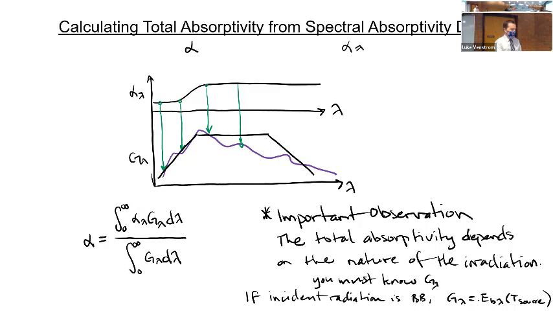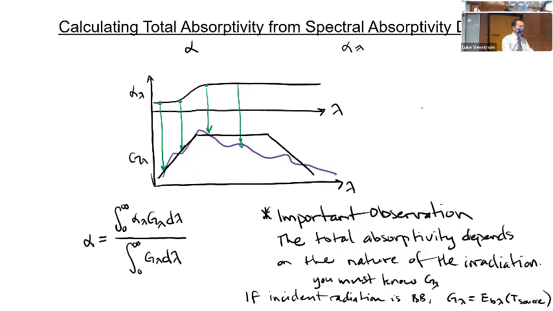Because then you can make the substitution that G sub lambda is E_b lambda, but at the source temperature, not the temperature of the surface. That's a really critical difference between the emissivity calculation and the absorptivity calculation. Here, the F function has to be calculated at the temperature of the surface. Here, the F function has to be calculated at the temperature of the source of the radiation. It's two different temperatures, so you're going to have two different values for the F function.